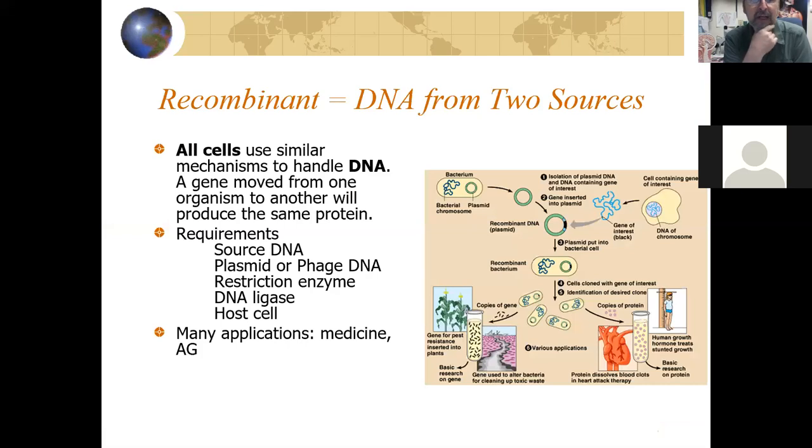We could take DNA out of one cell and put it in another cell, and using enzymes, we could put that DNA back together. And then we found things like phages and plasmids that specially carried genes into cells. And so those cells then would produce the proteins. And so we could take a pancreas cell, get a gene for human insulin, and we could put it in a bacteria, and the bacteria would make the insulin.